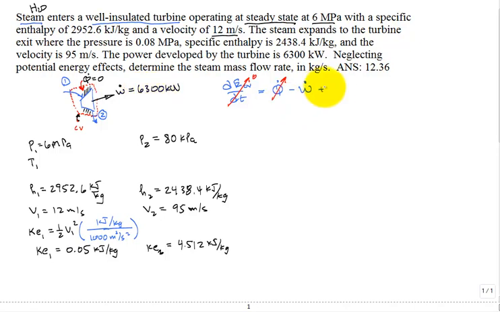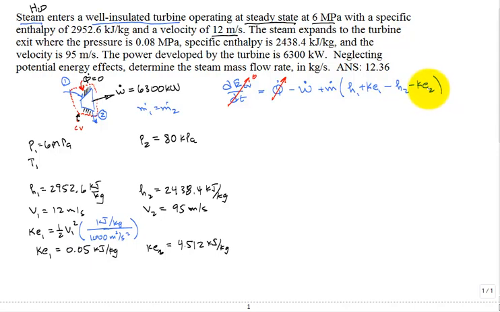And then we have the mass flow rate coming in, but there's only one mass flow rate. The mass balance, mdot1 equal to mdot2. We just dropped the subscripts. It's just the mass flow rate. It comes in at enthalpy 1 and with the kinetic energy 1, and it leaves at enthalpy 2 and leaves with its kinetic energy at 2.